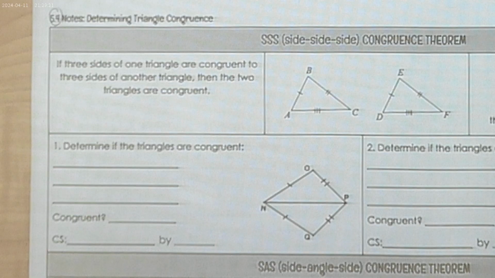We've addressed that it basically means that they are exact copies of each other, that it's a similarity, but it's an extra step up from similarity. About the same time in the similarity unit that we are in now, we started looking at ways to prove similarity, ways to show that triangles were similar to one another.